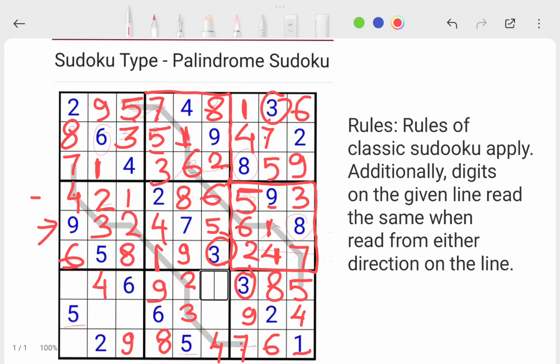Just go with the classic rules, only the classic part is left. So 1, 7. This must be 7. 7, 3 and 8. Our puzzle is solved.